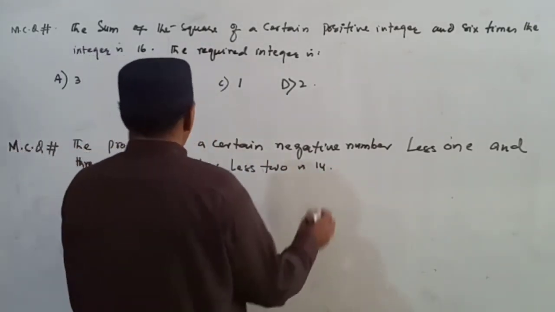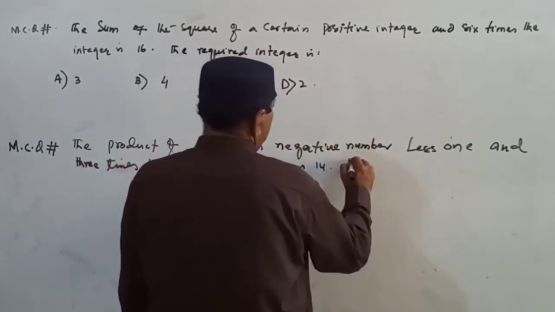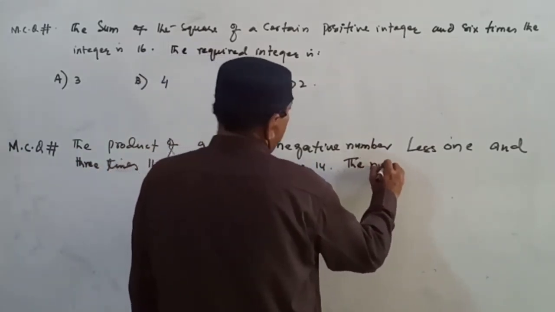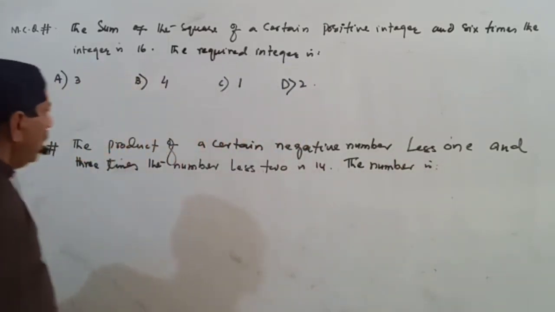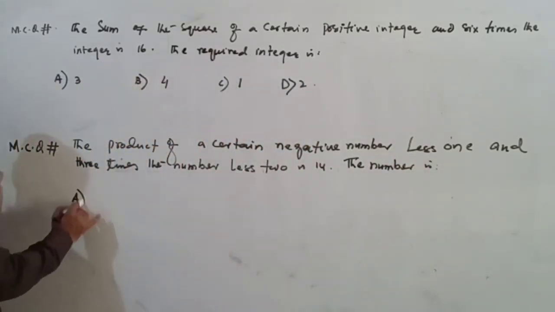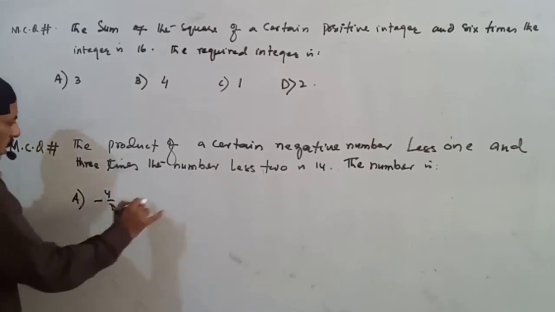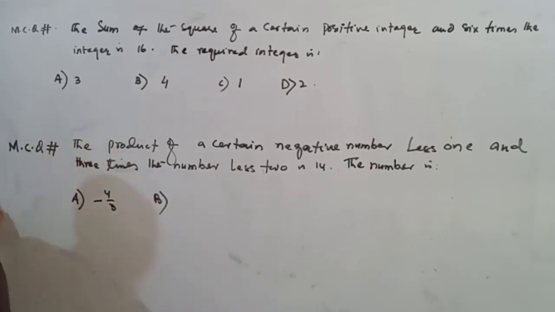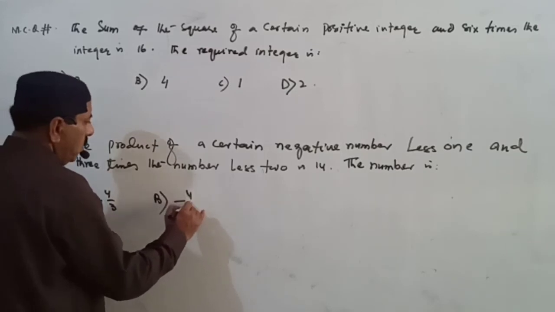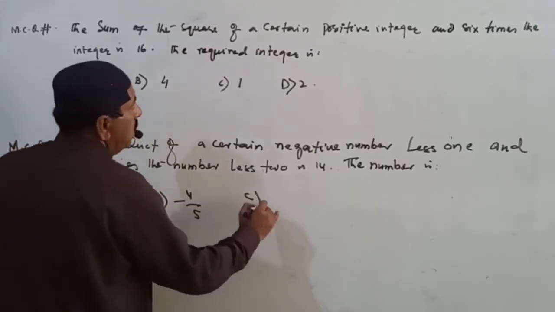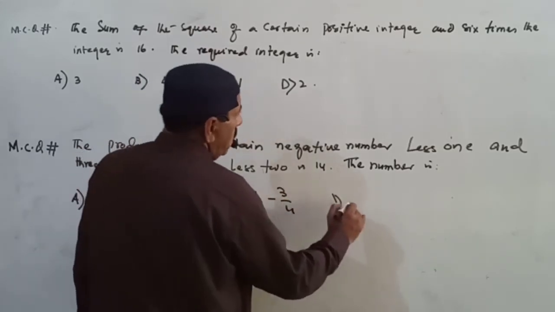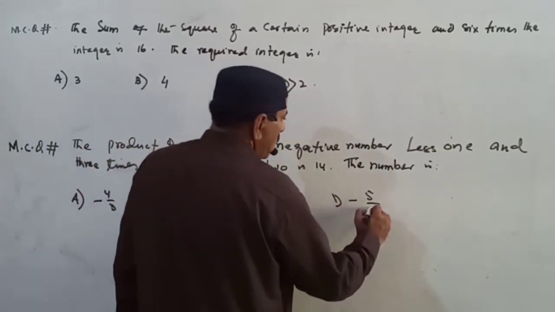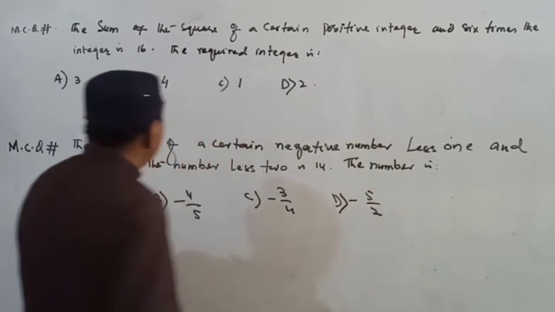The number is: A is minus 4 upon 3. B is minus 4 upon 5. C is minus 3 by 4. D is minus 5 by 2. So these are two MCQs.